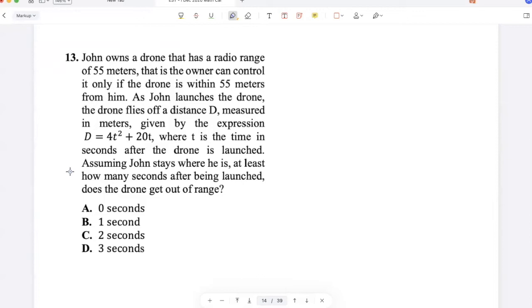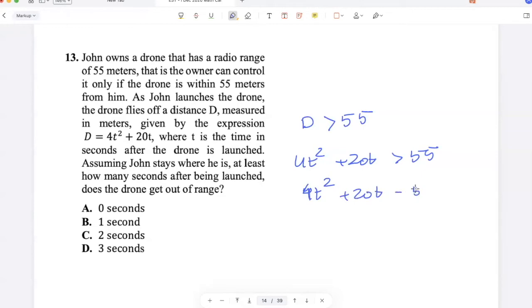Okay, so basically the distance should become greater than 55, right? For the drone to get out of range. So 4t squared plus 20t should be greater than 55. So 4t squared plus 20t minus 55 is greater than 0.